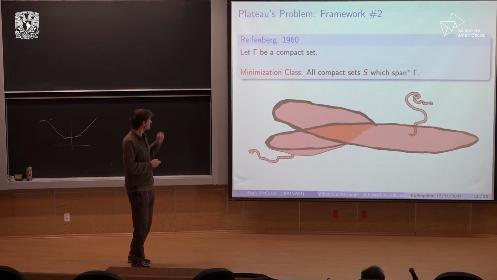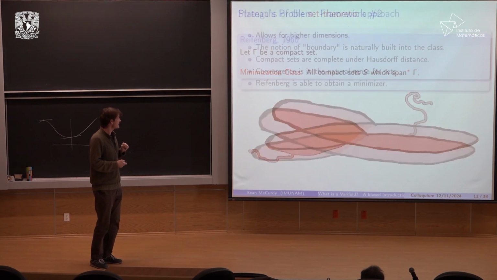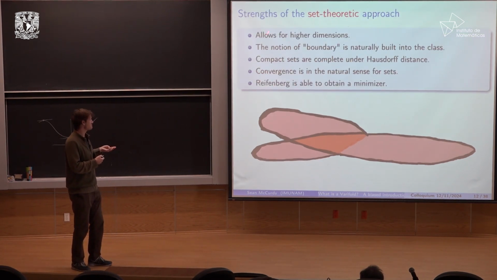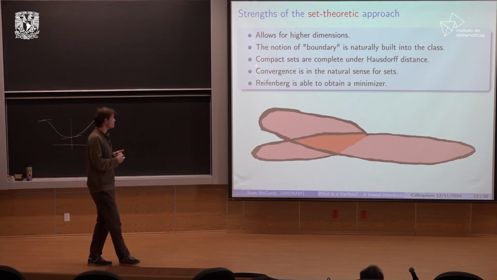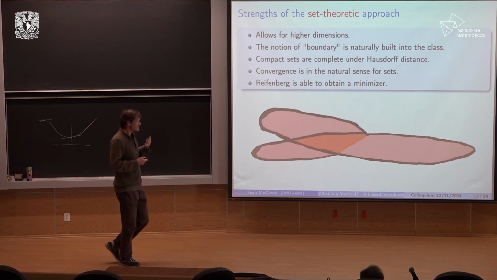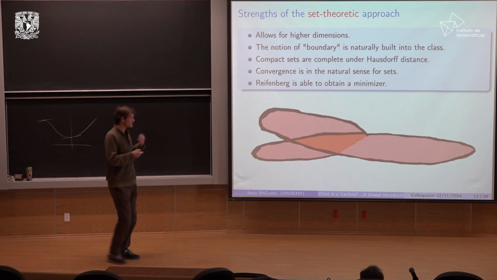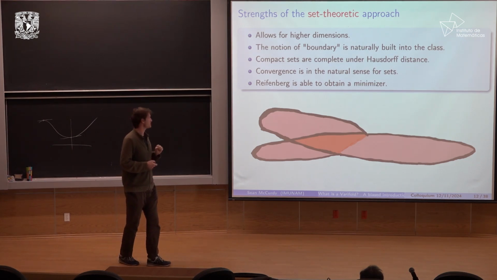Okay, so this is his framework, and this has a lot of strengths to it, right? If we're just talking about sets, it's no problem for higher dimensions. That's great. Also, the notion of boundary is kind of naturally built into the class. I'll say a little bit more about how. But this notion of containment is very natural for sets.